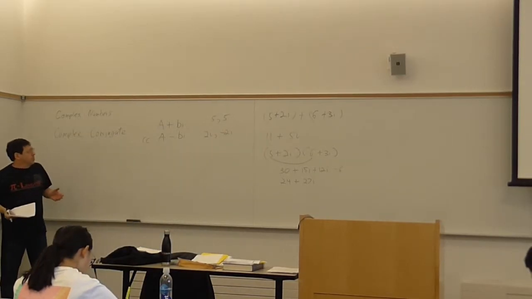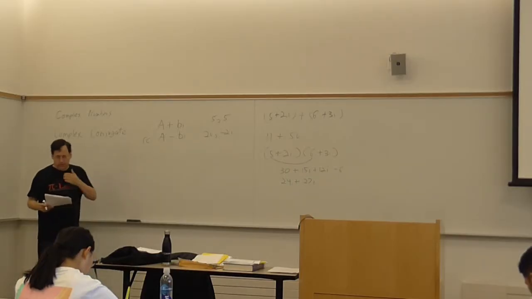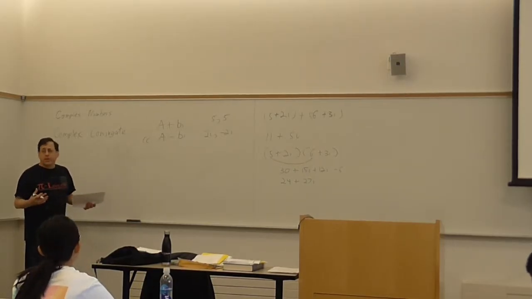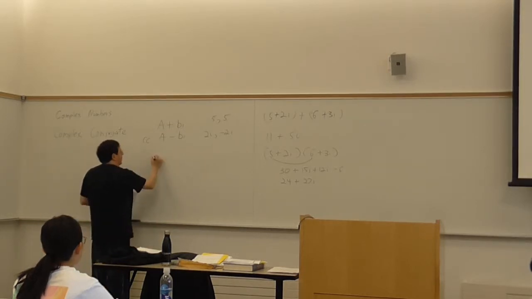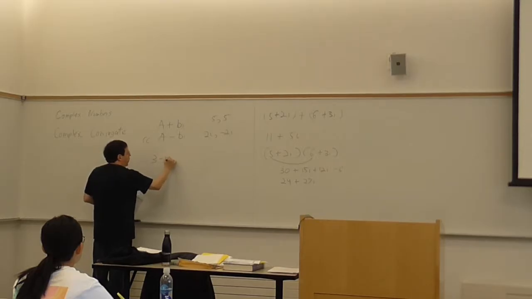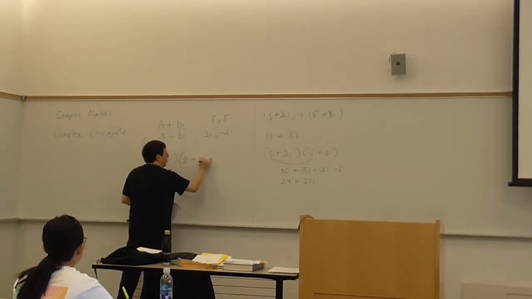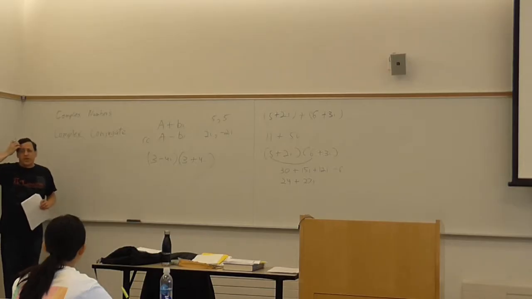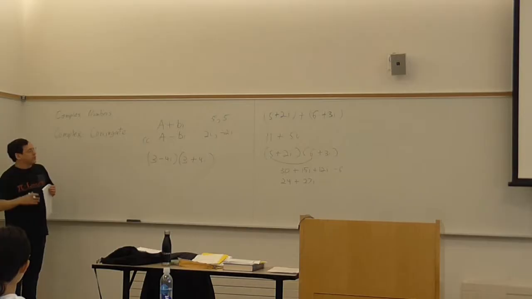Now, this is actually a really, really neat and useful idea. The reason is, what happens when we multiply a number by its complex conjugate? Let's take an example. Let's say 3 minus 4i. Its complex conjugate is 3 plus 4i. Now this looks a little like our pattern a plus b times a minus b, a squared minus b squared.